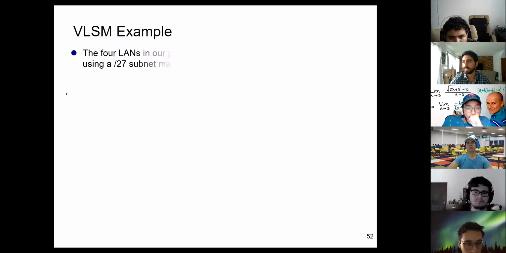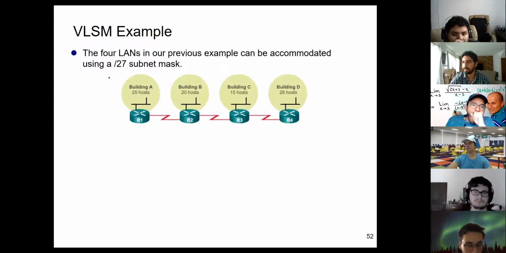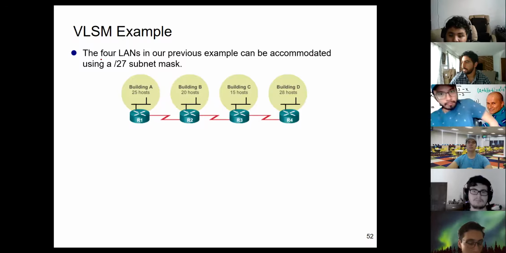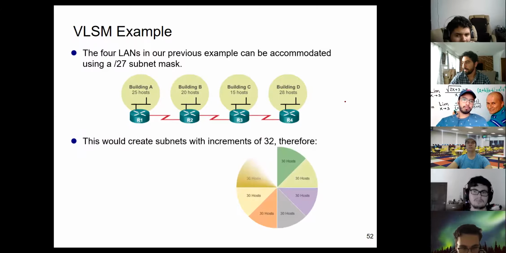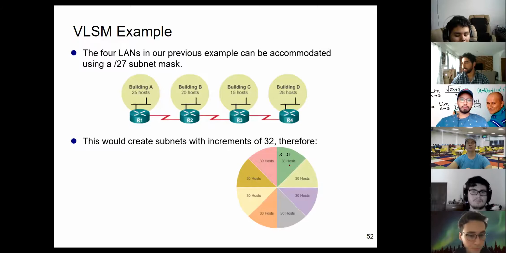So let's go back to the example and see what we can do with this, okay? This is the same example that we saw. You have 4 buildings and 3 peer-to-peer connections between those LANs. This was what we did previously. These are the IP ranges and the number of hosts that you can have, the IP range for each subnet.